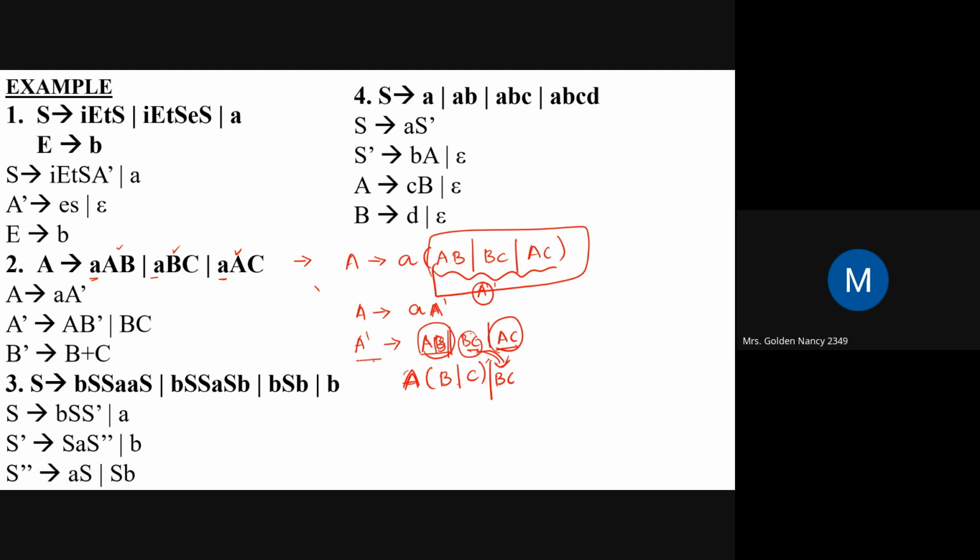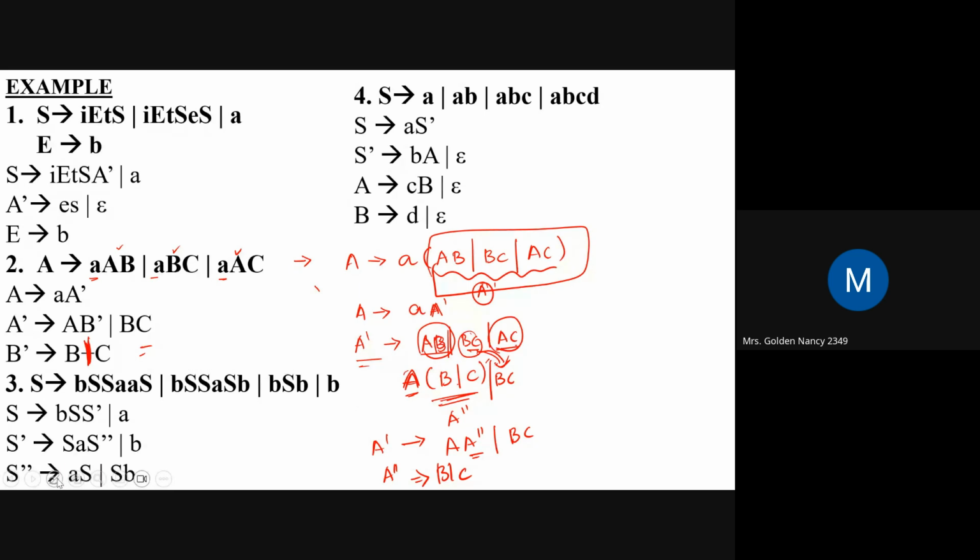So I'm redefining my A dash. Please learn slowly. A dash will be A, A double dash, or BC. This A double dash I have to define. What is A double dash here? That is B or C. Sorry, not plus, it is or. This is how you can define it.